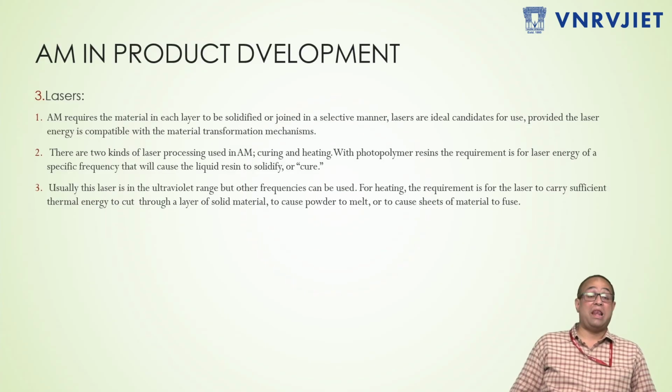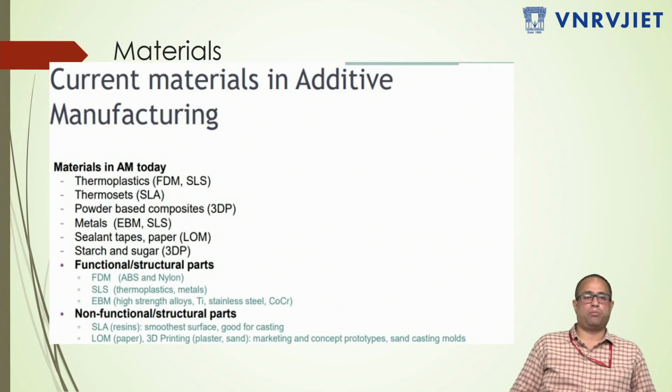And coming to the case of lasers, the software should be well equipped and the systems should be compatible, to control how the lasers strike the surface of the build platform, how it is cured, what the curing stages are, and everything we can monitor using AM in product development.